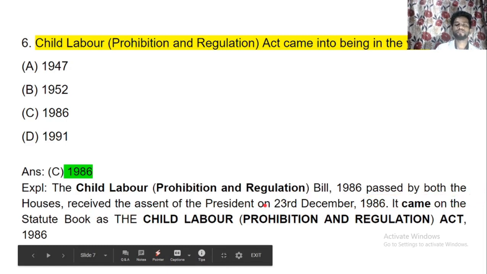It came on the statute book as the Child Labour Provision and Regulation Act 1986. So your year will be 1986.